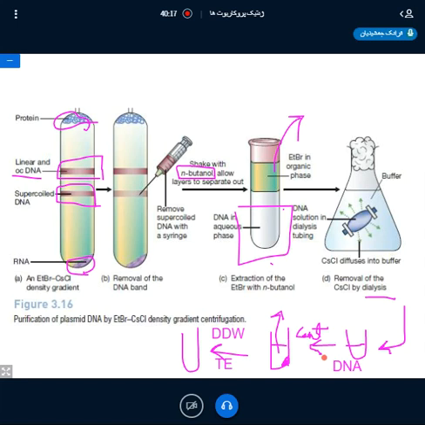After that, we remove the ethanol, let it dry, and add DDW or TE to dissolve the DNA. Okay, understand? Remember the process, please.